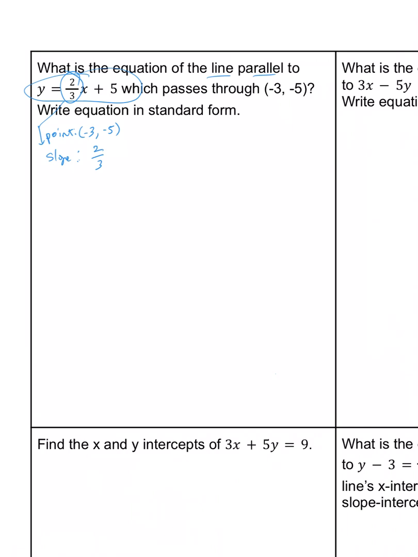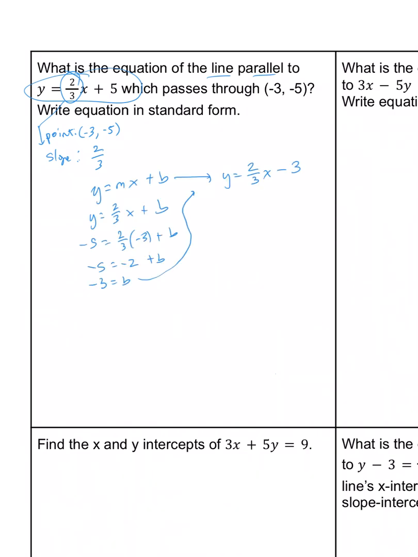And now I can follow the process I just did on the last problem to write this in standard form. I recommend pausing the video, trying it on your own, and then checking your answer when you come back. All right, I'm going to do the work while I pause my action. There's the work to get it into slope-intercept form, just in case you want to check your work up to this point.